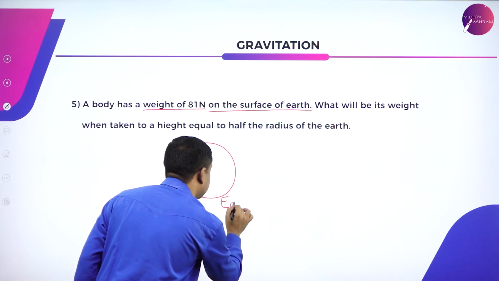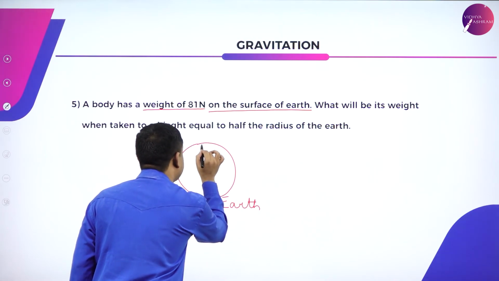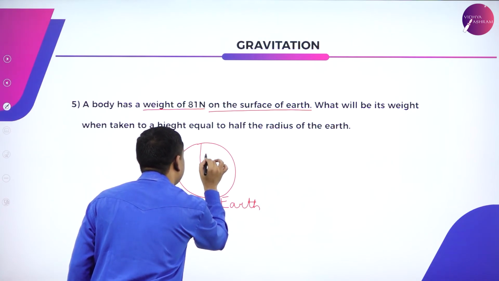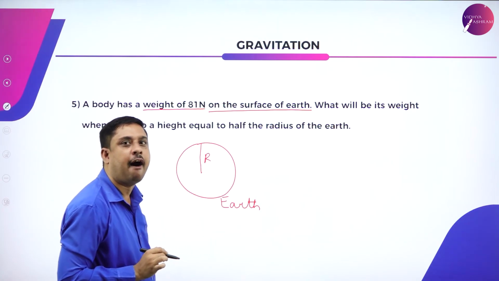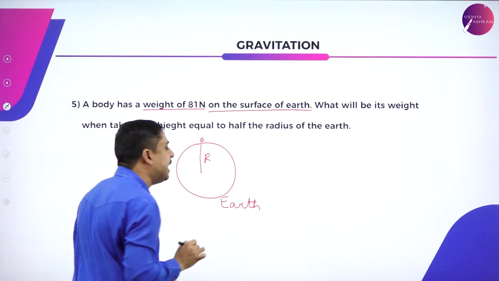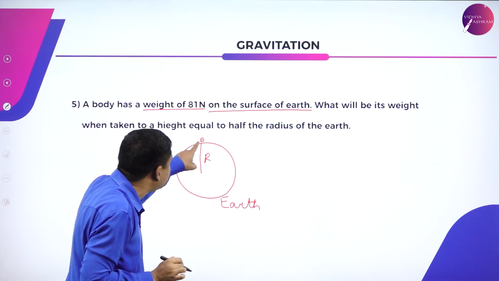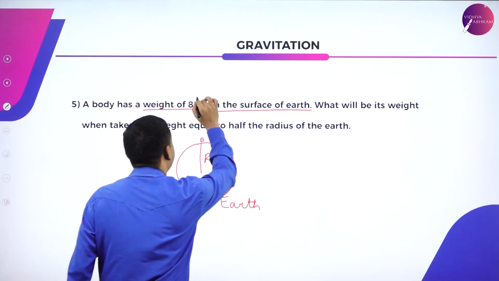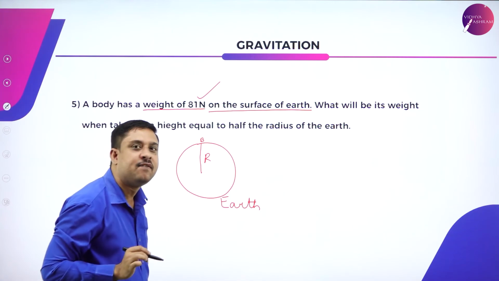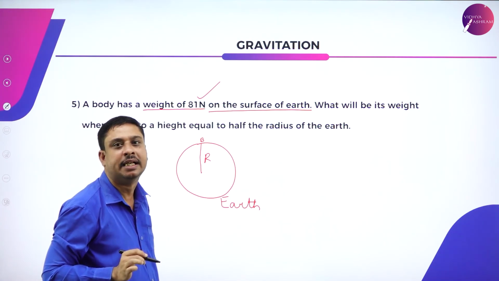I assume this to be the earth, center of the earth, radius is R. When the body is on the surface of the earth, it has a weight 81 Newton.